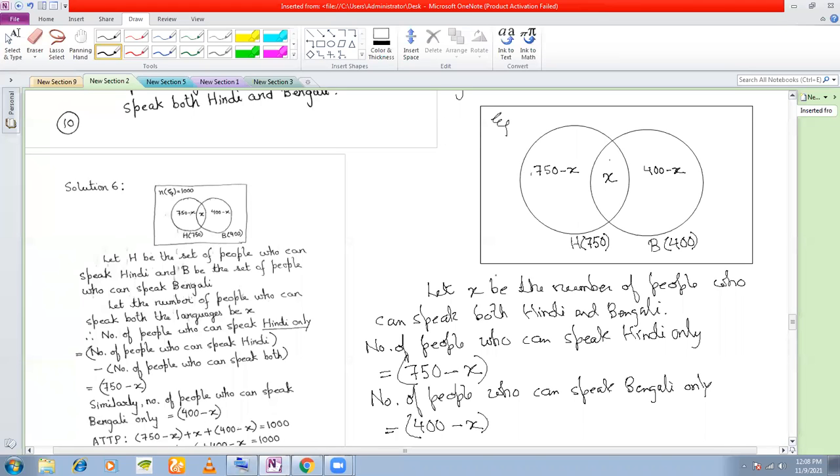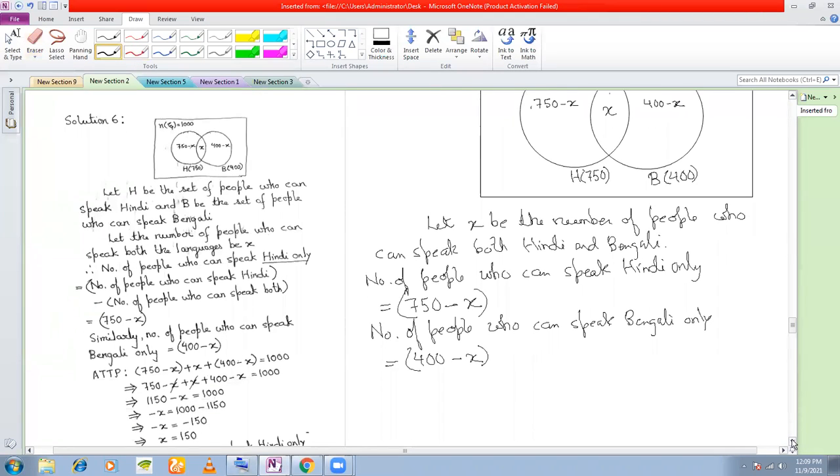Right? Now what does the part outside the circle represent? Those who can speak none of the languages, Hindi and Bengali. Right? Okay. So here there is no one who speaks neither; everyone speaks either Hindi or Bengali. So therefore, what can you write?